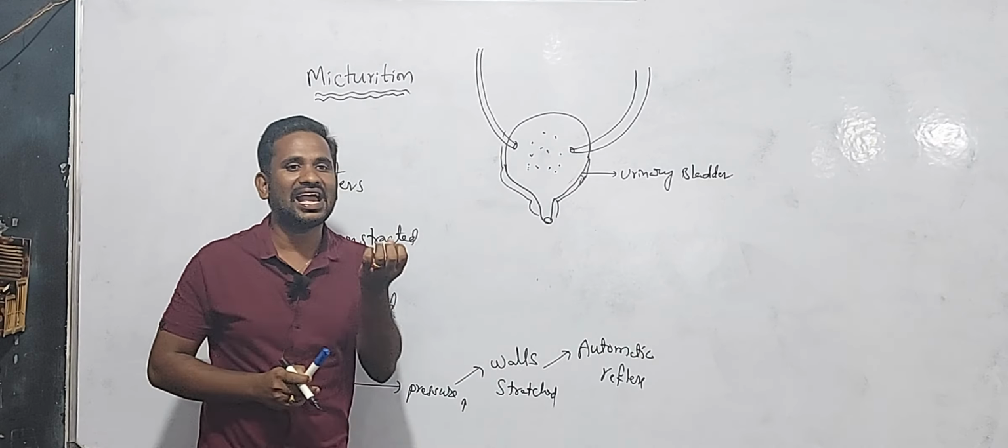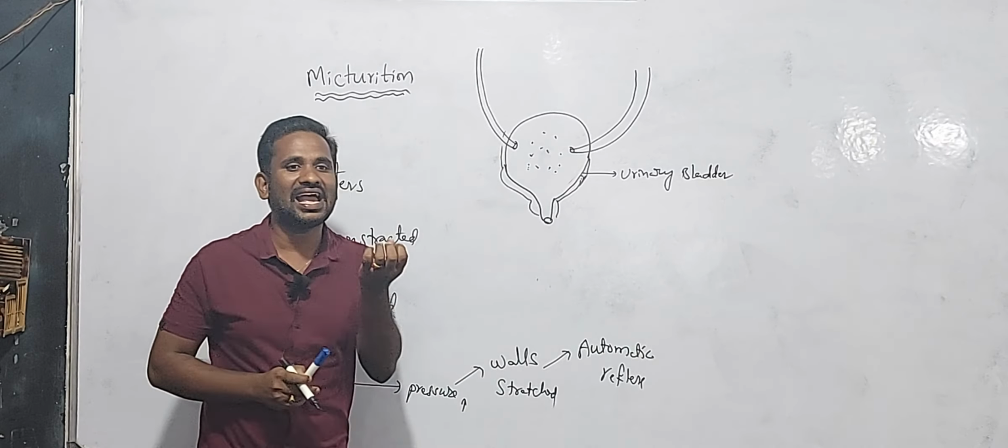The upper sphincter gets relaxed. The inner or lower sphincter remains in contracted mode. It is relaxed but in contracted mode, so it cannot allow micturition to pass out.